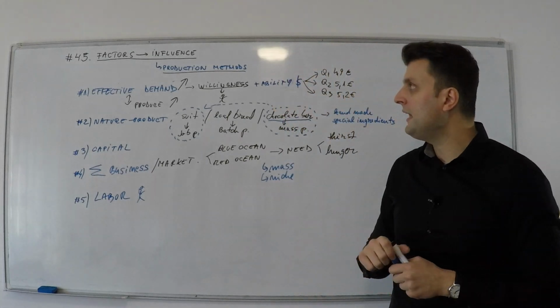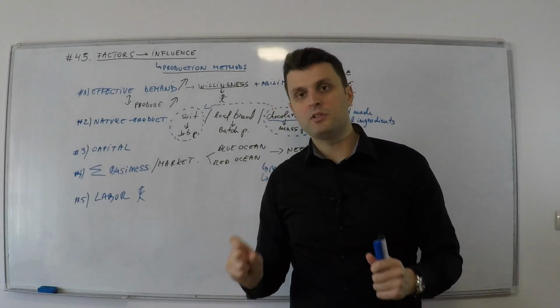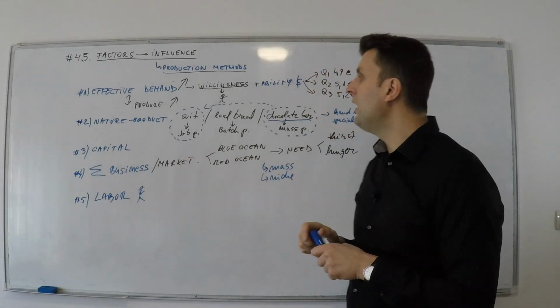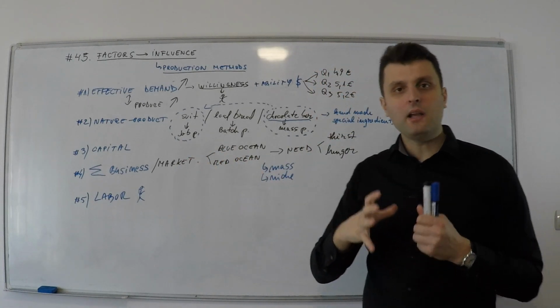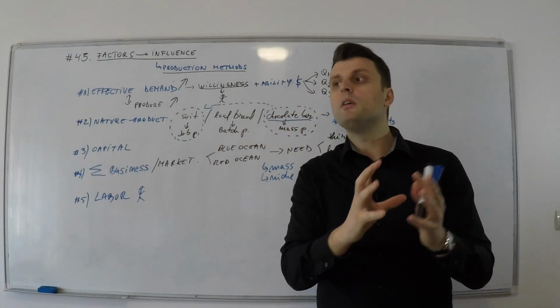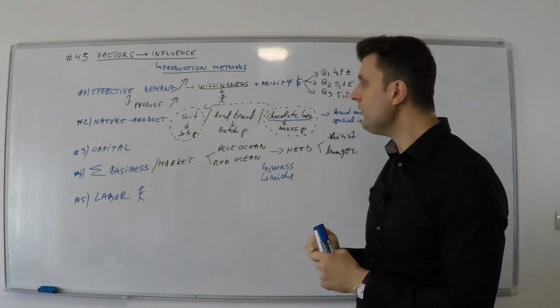Now, this being said, these are the factors that I believe as a business consultant should be taken in consideration very seriously before actually deciding what production method you should adopt for taking your product from raw material to the client's table, okay?